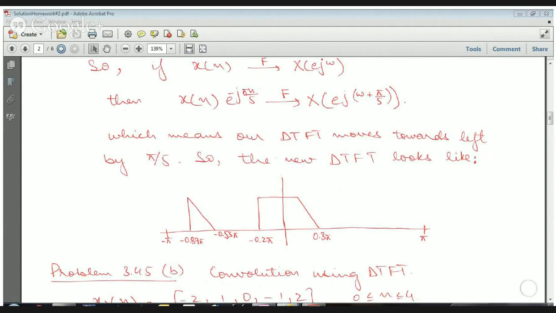The problem is saying you are given X of e to the j omega. It's actually plotted. The plot looks like the following. At 0, it goes up to pi by 2. This is pi. And then you have from minus 2 pi by 3 to minus pi by 3.